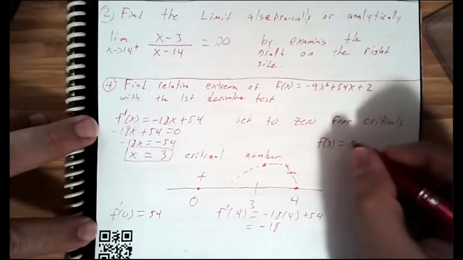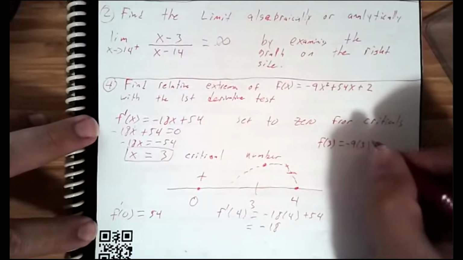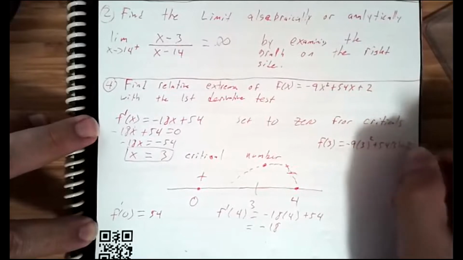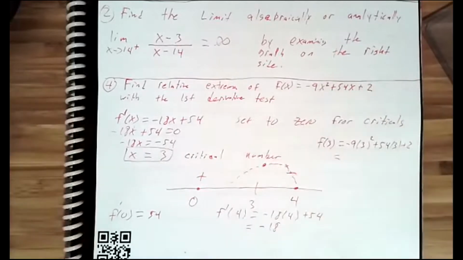So it'll be negative 9 times 3 squared plus 54 times 3 plus 2. So, what the heck is that? Let's see.